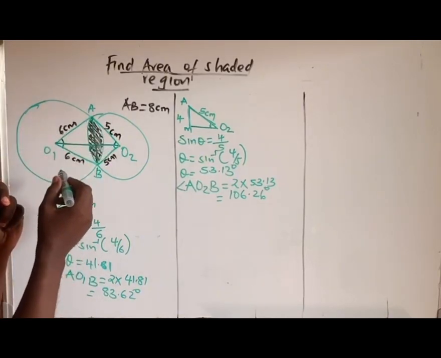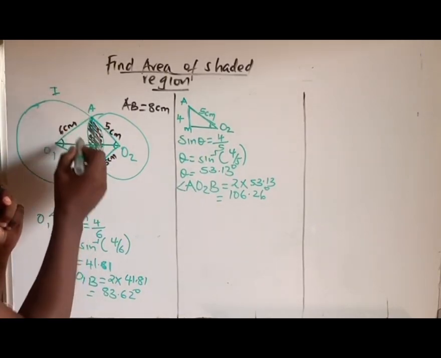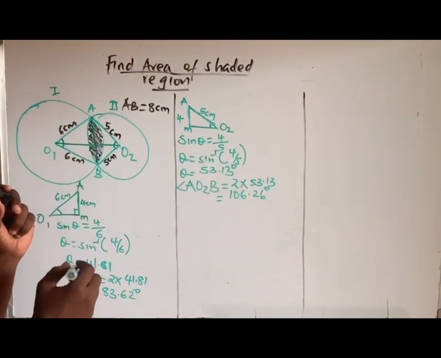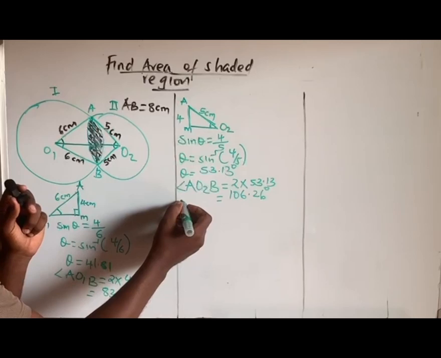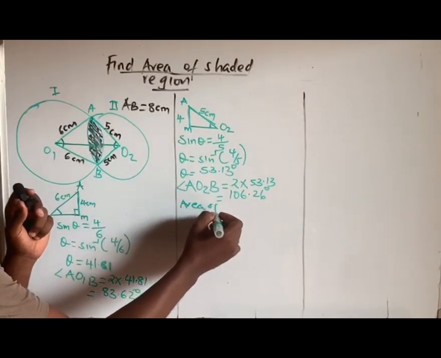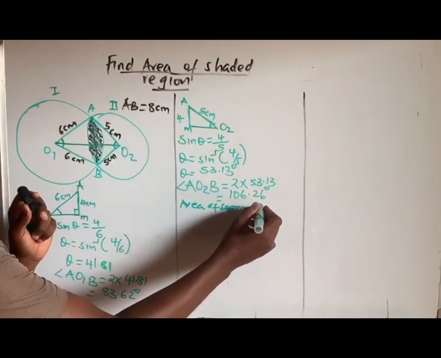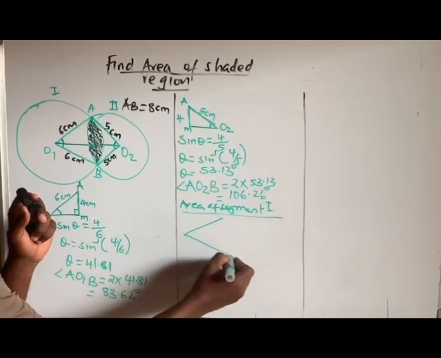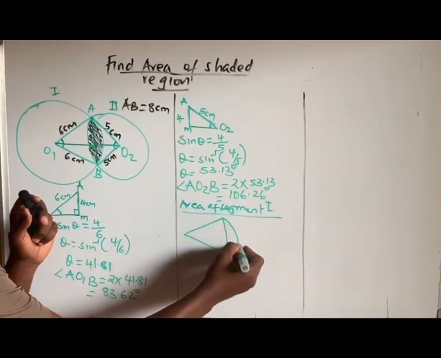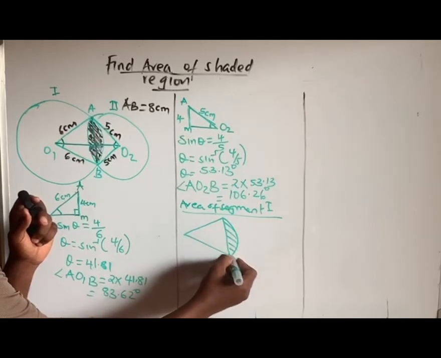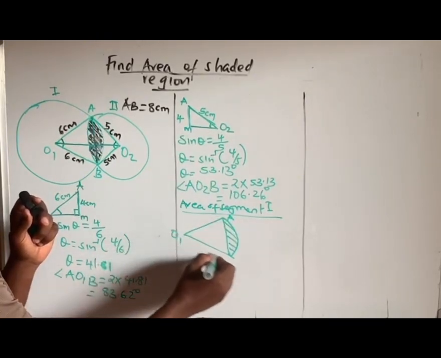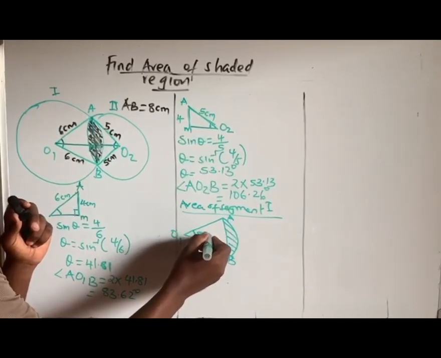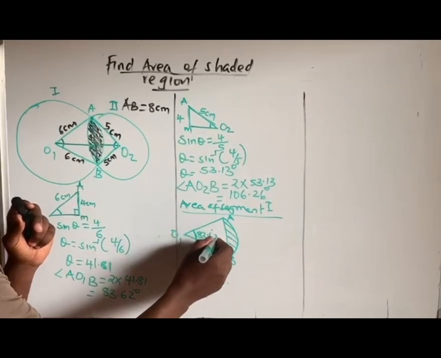Now, to get the area of the shaded region, you need to know that it comprises the area of two segments: the segment of circle 1 and the segment of circle 2. If we start with the area of segment 1, we are going to use the sector of circle 1, given by this AO1B, where this angle is already 83.62 degrees, which we calculated before.